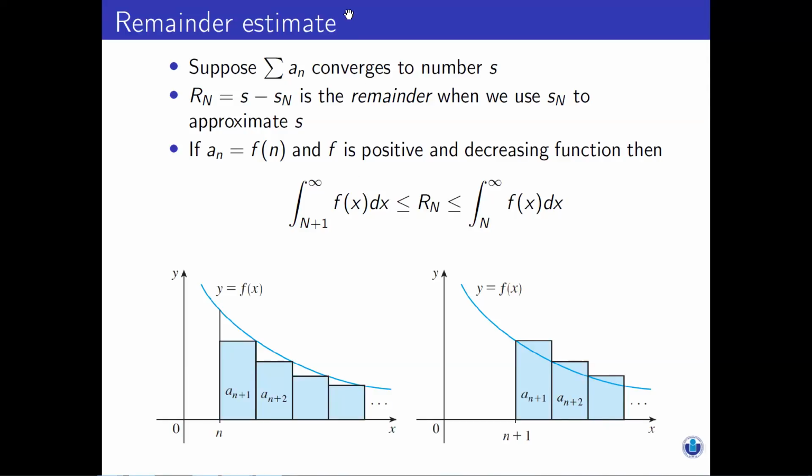Is this okay? So let's just do one example here. So let's say you have the series sigma 1 over j squared, maybe let's call this j, just so it's not confused with n.